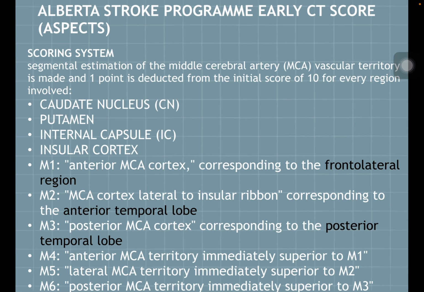The anterior MCA cortex corresponds to the frontolateral region. M2 corresponds to the anterior temporal lobe, and M3 corresponds to the posterior temporal lobe. And then we have M4, M5, and M6, with M4 immediately superior to the M1 area, M5 immediately superior to M2, and M6 immediately superior to M3.